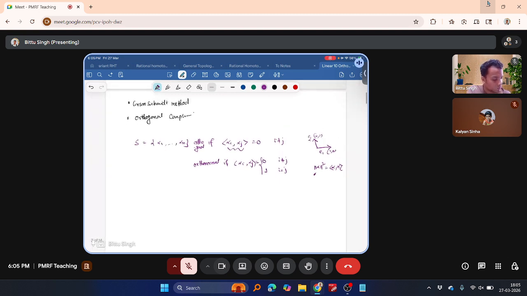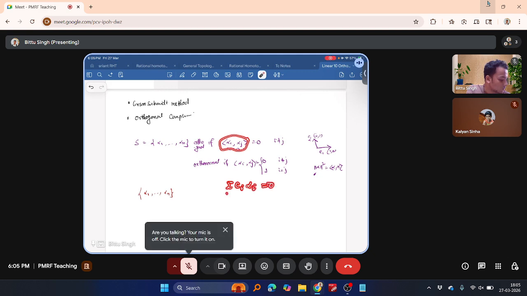Given a collection of vectors alpha 1 up to alpha n, I should also mention that an orthogonal set is always linearly independent. If you can write a combination, the sum of ci alpha i equal to 0, then just take the inner product with alpha j.